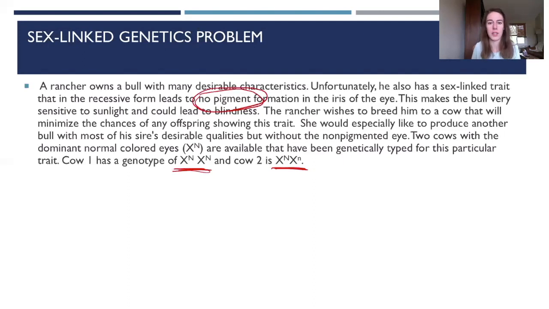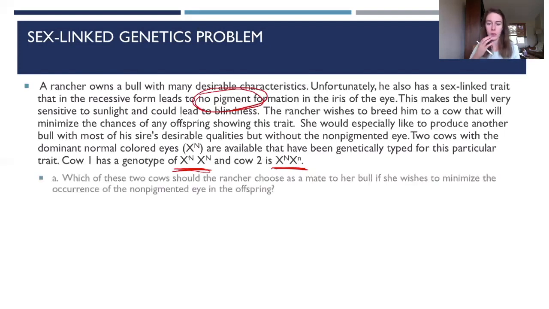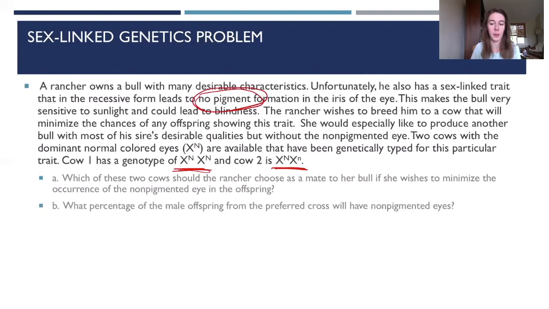What would their potential offspring look like? You can try this one on your own by pausing the video here and trying to go through it. So we want to know, between these two cows, what is the likelihood that we're going to pass on this no pigment in the iris trait to a future offspring? And the rancher's basically trying to decide which cow he should choose.